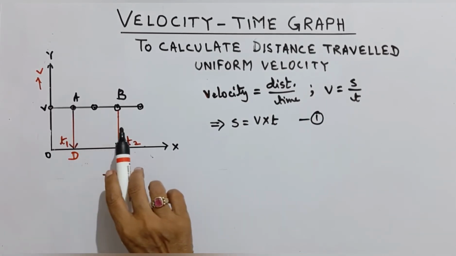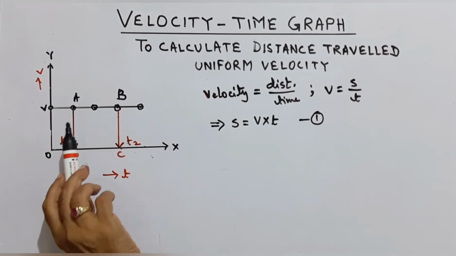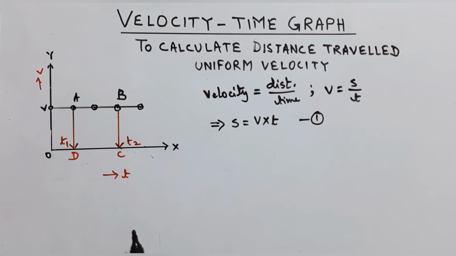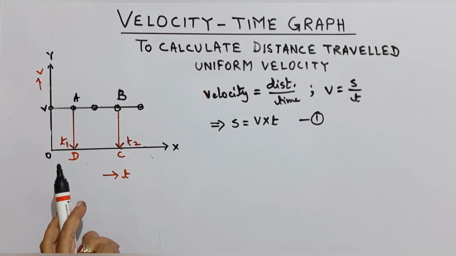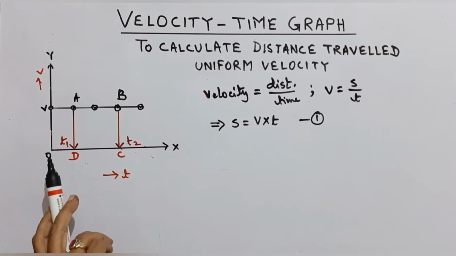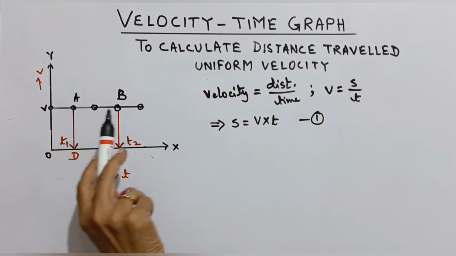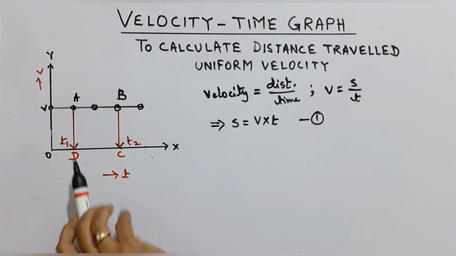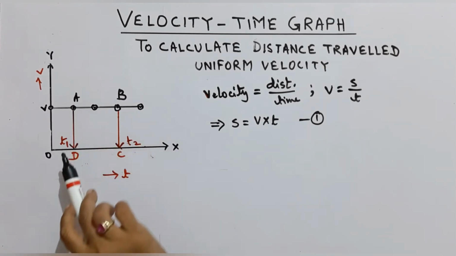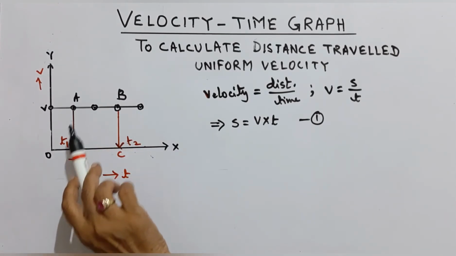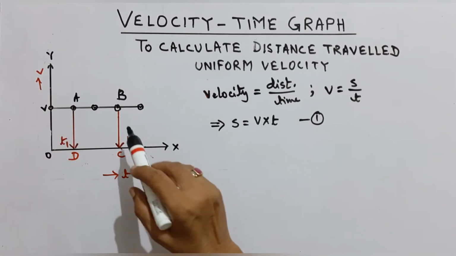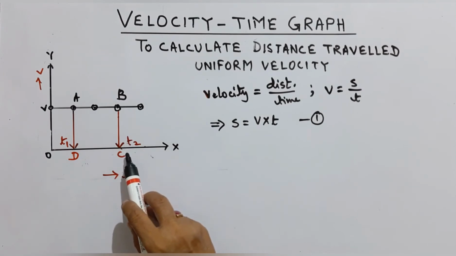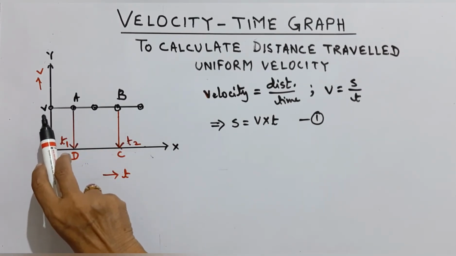Now let us consider the graph, and we take any 2 points A and B. We want to know what is the distance travelled when the body moves from point A to B. Let A represent time t1 and velocity v. Similarly, at point B, the time is t2 and the velocity is the same, that is v.